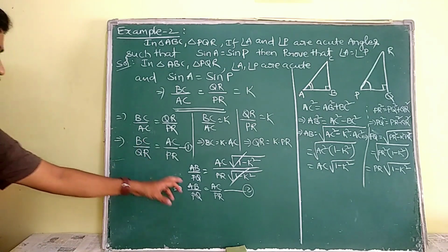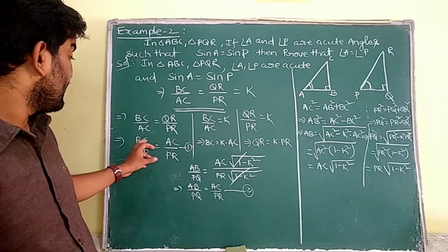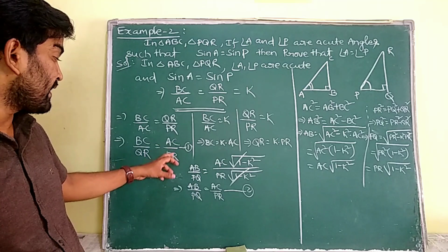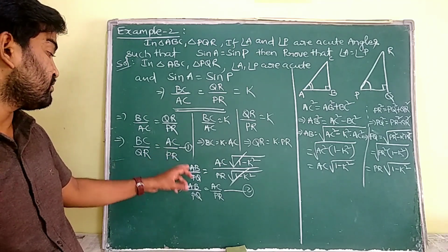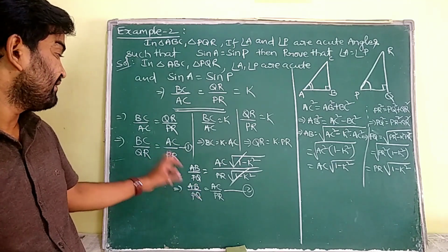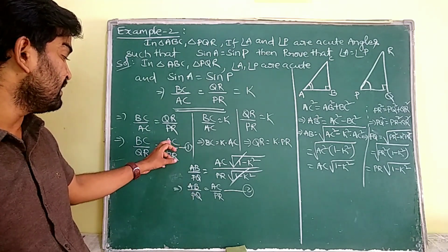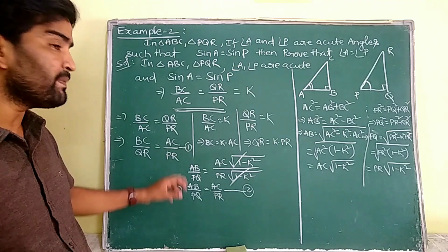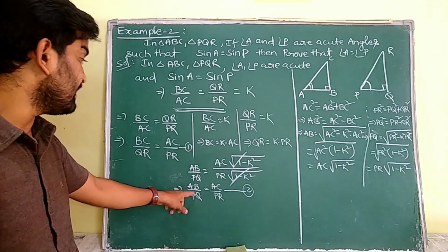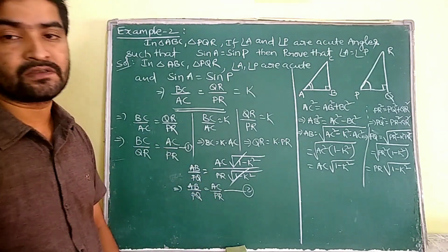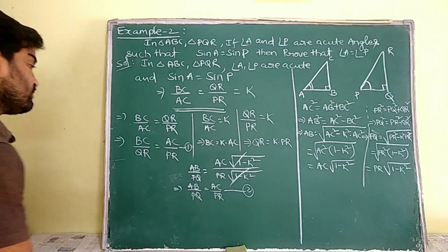Now Seema, from 1 and 2, BC by QR is equal to AC by PR is equal to AB by PQ. Why? Because all these three ratios are the same. Because AB by PQ is equal to AC by PR. The two things are equal to the same thing, AC by PR. So all three are equal now.